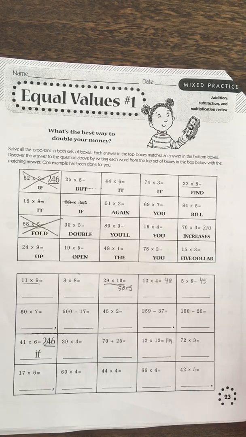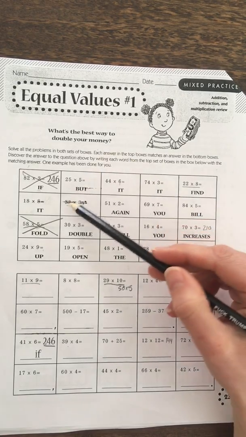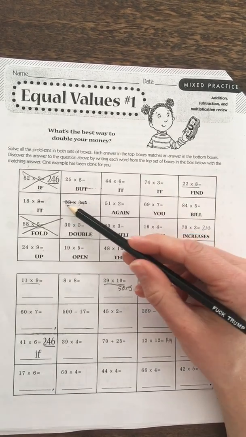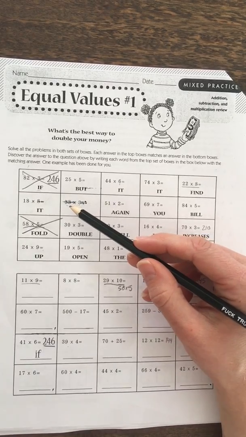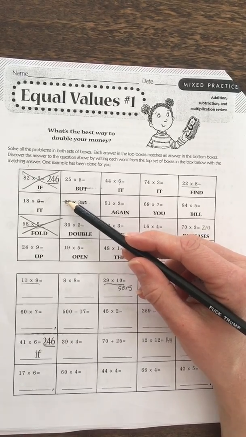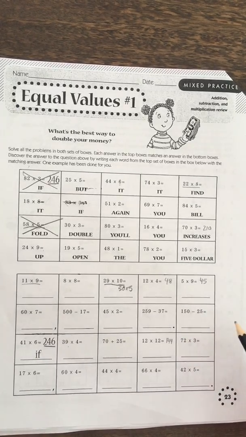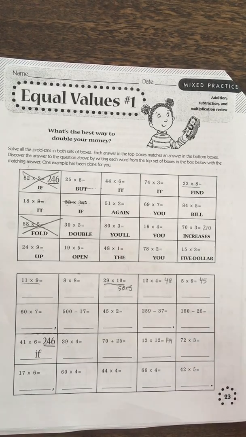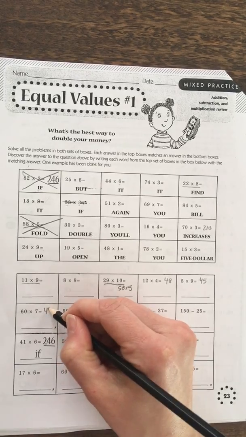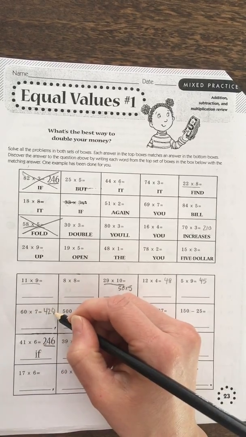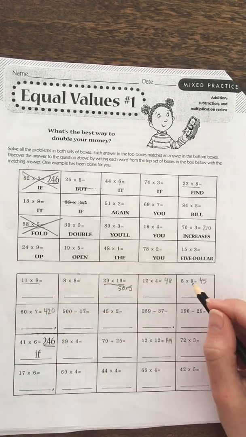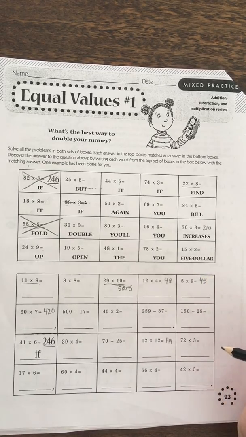Oh no, that one wouldn't work, because if I double 3, that's 6, but if I cut 33 in half, that's 16 and a half. We're not going to have any mixed numbers here. This one's 420. As I find ones that are easy to solve, I'll just fill them in, because that makes life easier for me.